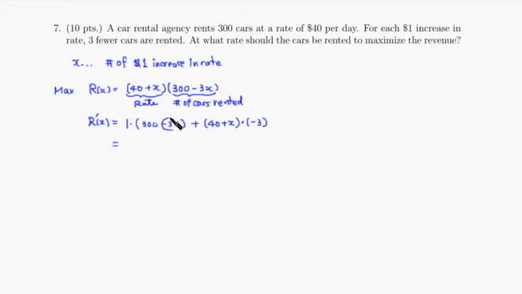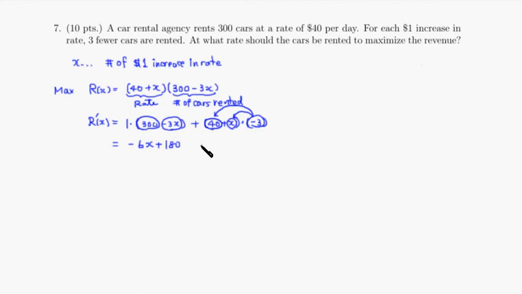You have negative 3x here, and a negative 3 multiplied by x gives another negative 3x, so it's negative 6x. Then you have 300 here, and negative 3 times 40 would be negative 120. So 300 minus 120 would be 180.